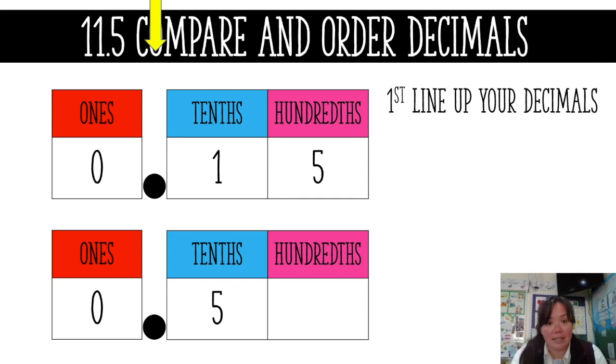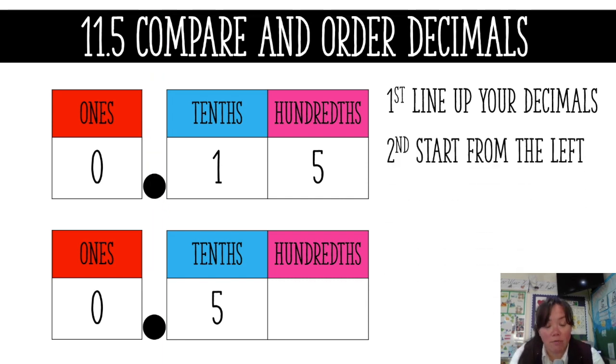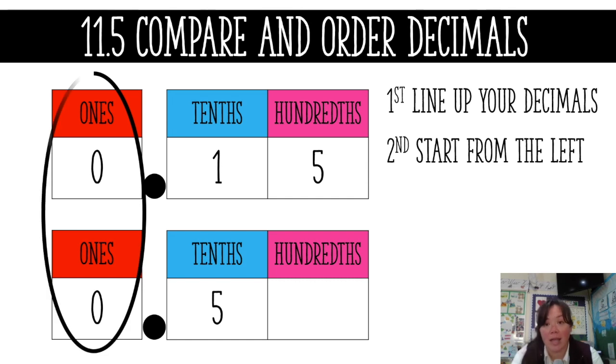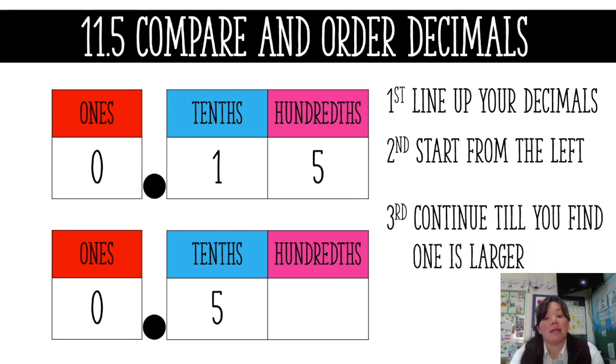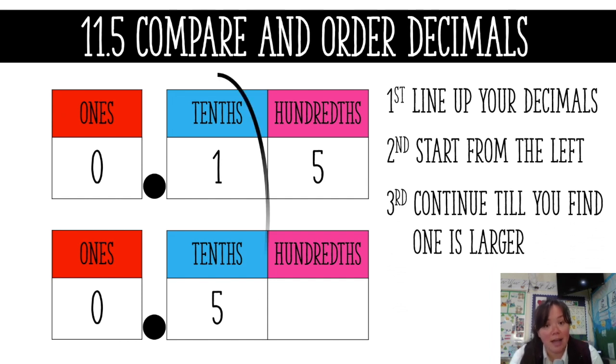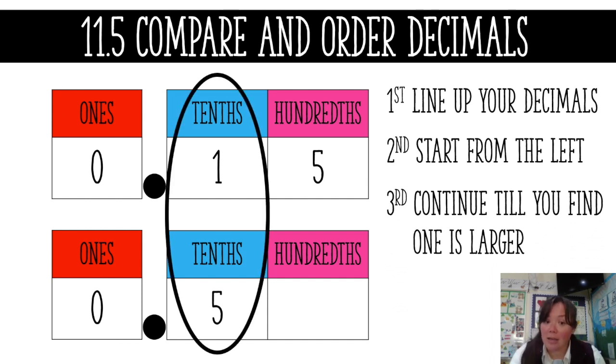We line up our decimals. Yes, we have them all lined up. We will start from the very left, and we have no difference there. They are both 0. Let's go to the next place value and continue on. And we see here, winner, winner, chicken dinner, the number 5 is larger than the number 1. And some of you might be thinking, wait a second, 5 is smaller than 15.